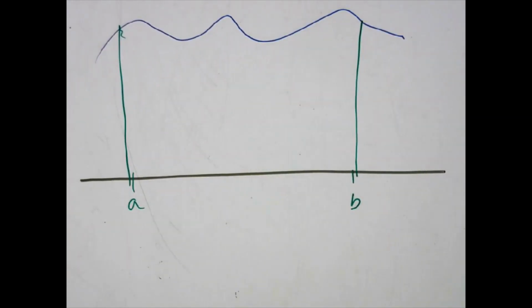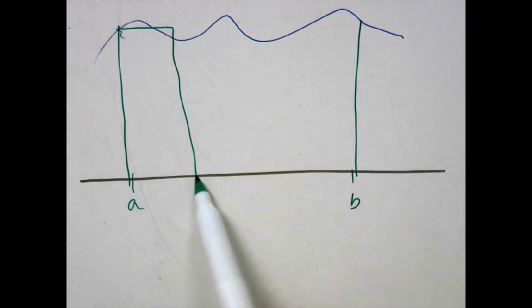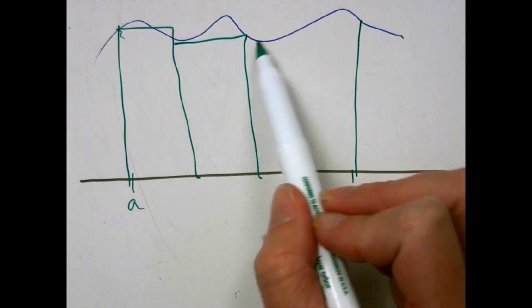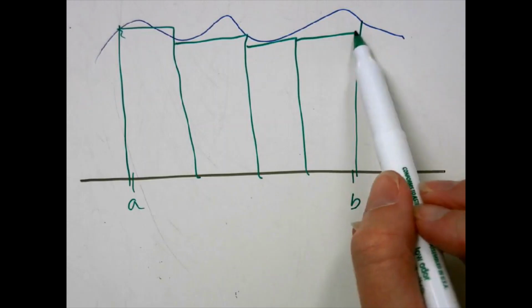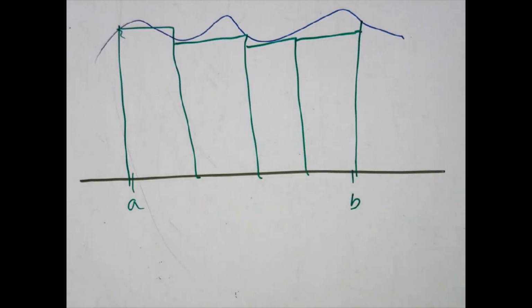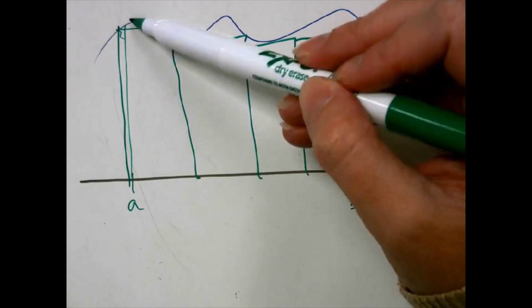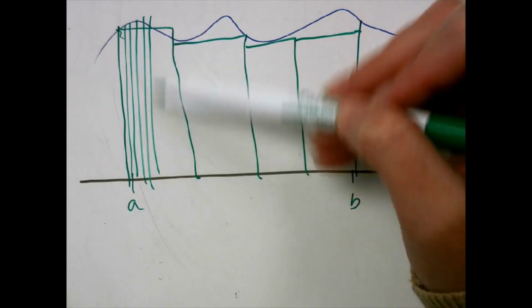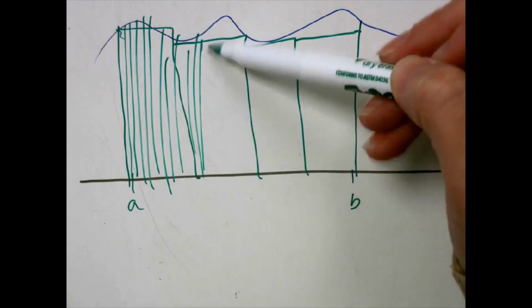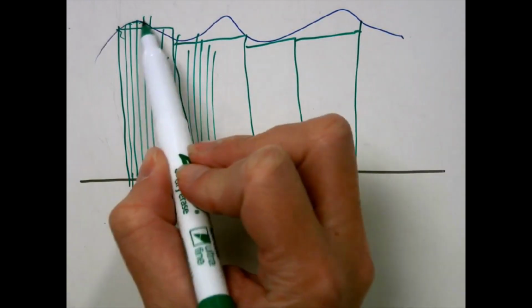So far we've done rectangles, but we know that has some issues. So what we want to do is get as many rectangles as I can, because if I make them super, super skinny, that approximation is going to be a whole lot better.